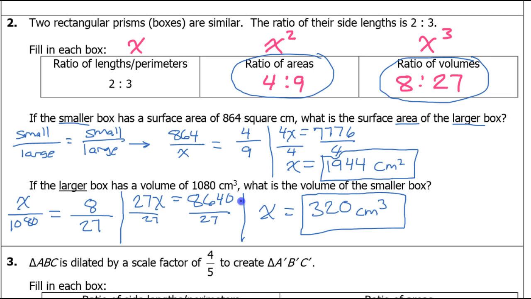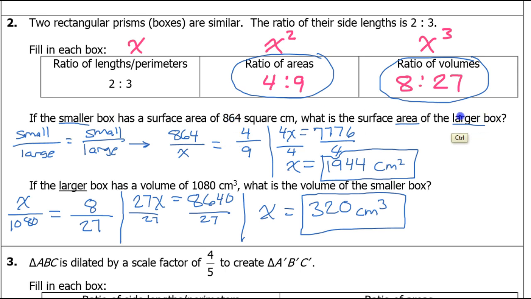All right. Always go back and check in terms of common sense. Does it make sense? In other words, if you have a small and then a large, does your answer turn out to be small and large as it should be? So for example, the smaller box had a surface area of 864.